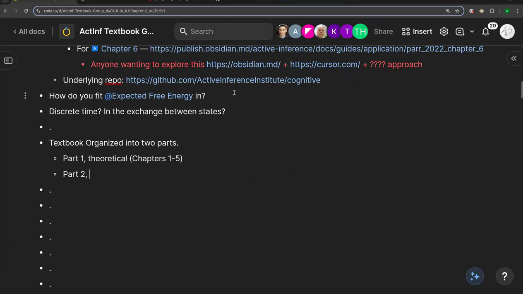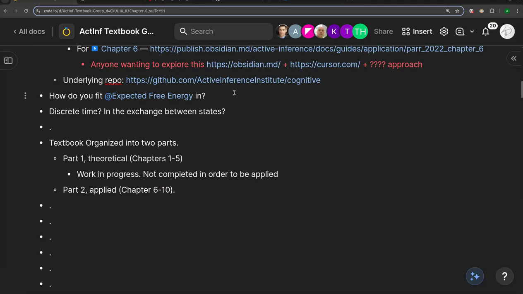As we saw in the first part of the textbook, the theoretical foundation of active inference is actually a work in progress. So it's not something that has been completed in order to be applied as a comprehensive modeling tool.